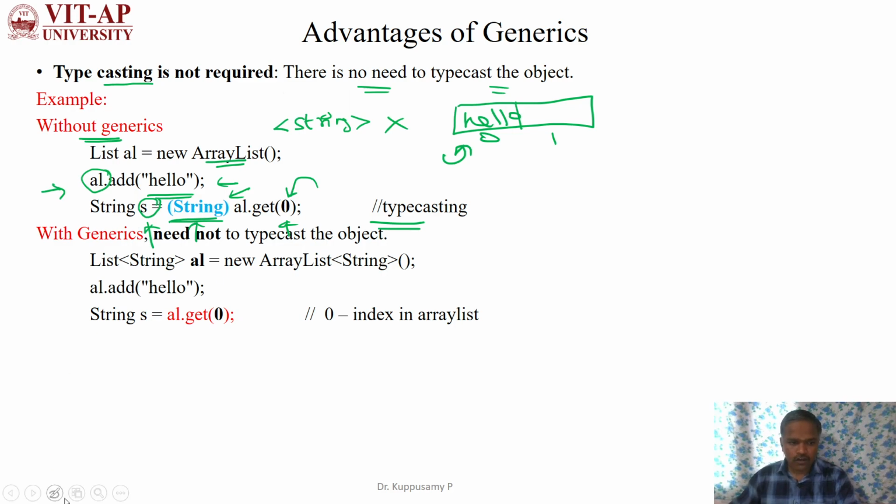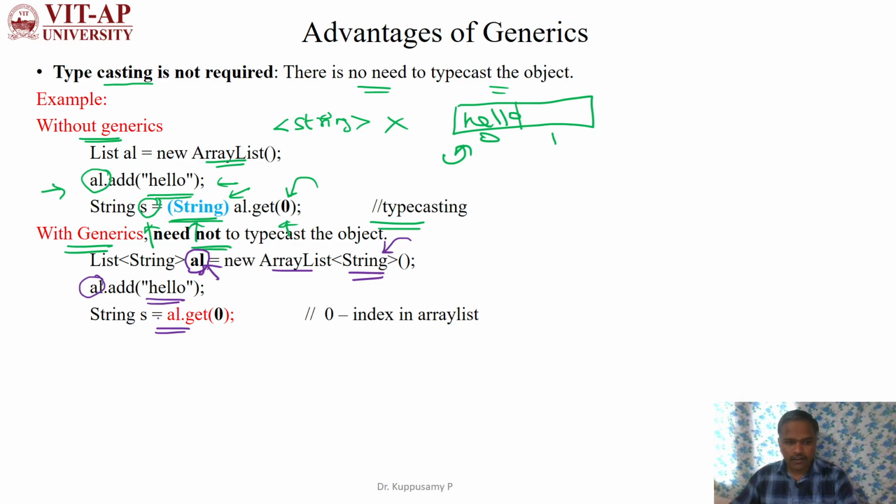But when you are using generics, you need not use the manual conversion. For example, here we are defining the array list object with the String data type. So this object only stores string data type values. Here I am storing the value as a string into the object al. Then you see I did not give a manual type conversion.